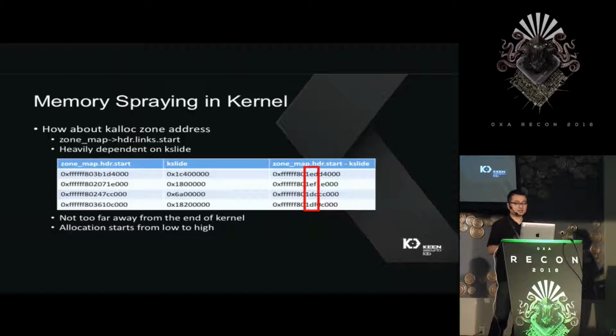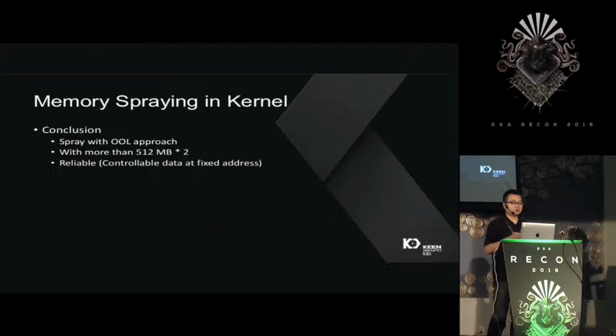Also, the allocation starts from the lower side to the higher side, which is very good. So we can try to do the spraying with OOL with more than 512 megabytes multiplied by 2, which is 1 gigabyte.